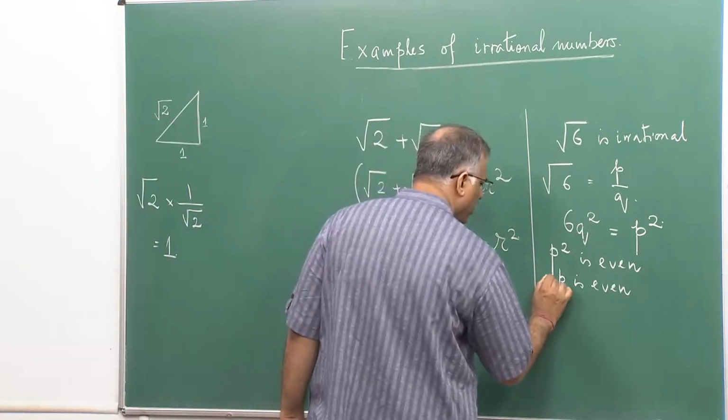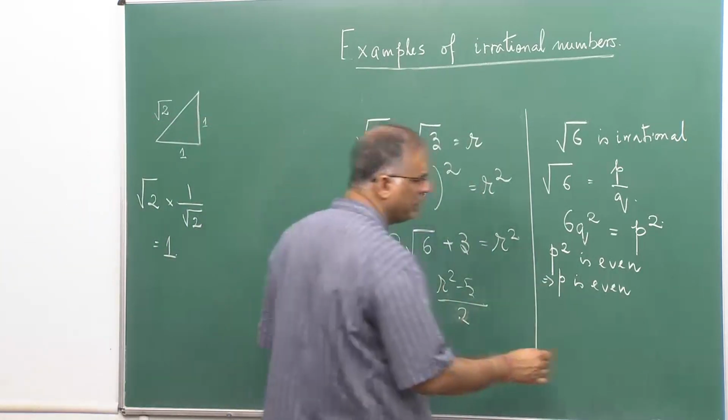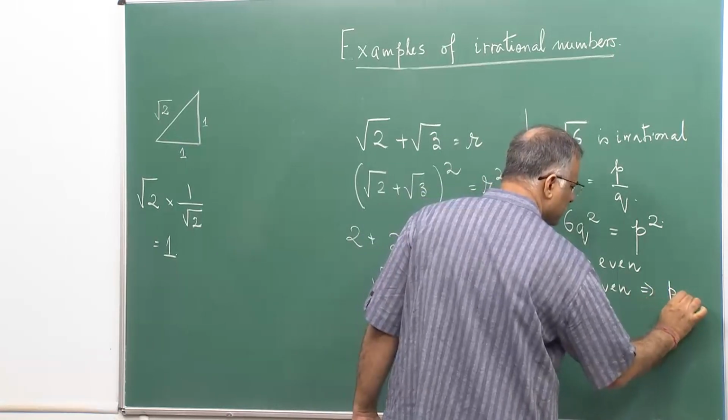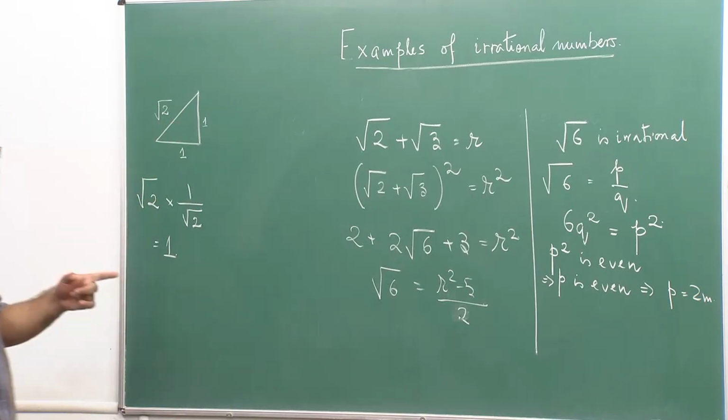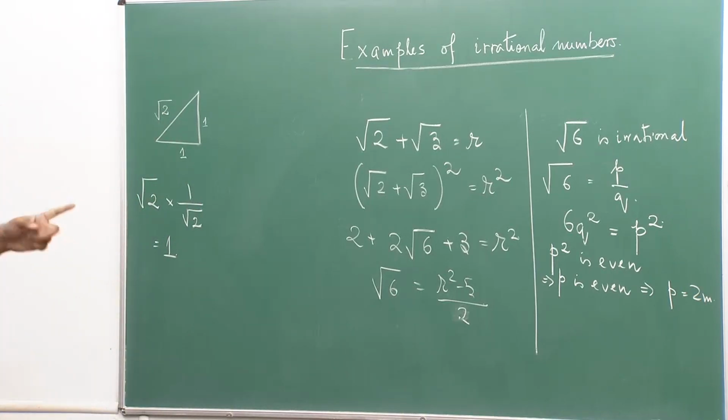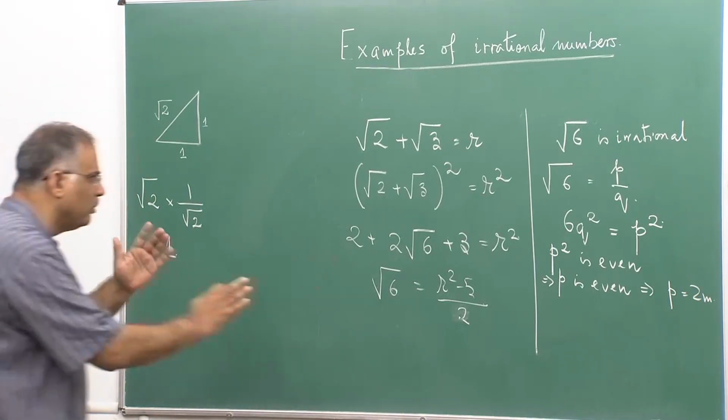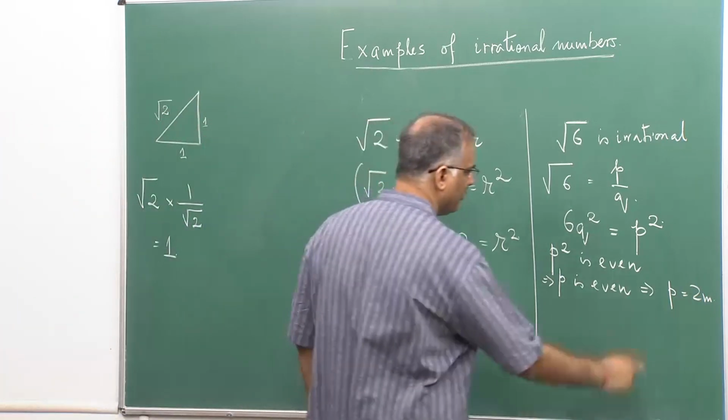So, now p is even, I can write p as 2m, p equal to 2m. This is clear now, because that is the type of reasoning that we are taking.